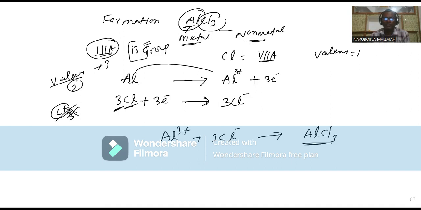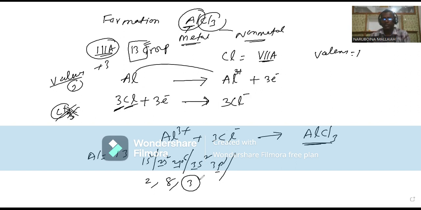See, aluminum configuration I am writing. Aluminum atomic number is 13, 1s2, 2s2, 2p6 and 3s2, 3p1. 1s, that is first orbit, 2s 2p second orbit, 3 that is third orbit. 2, 2, 6, 8 electrons, 2 plus 1, 3.